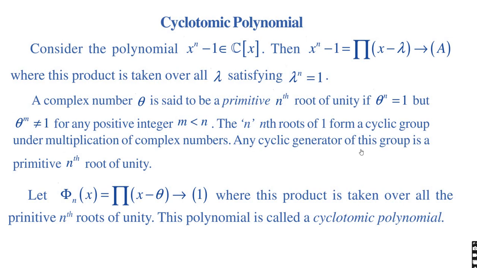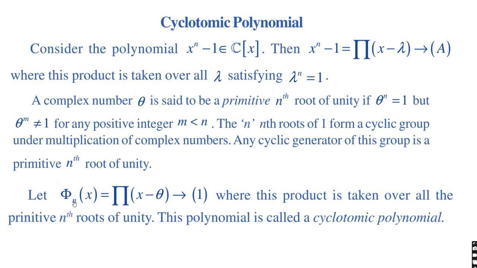Now any generator of this group is called a primitive nth root of 1. So being a cyclic group, it will have generators. It's not that all of them will be generators. Those generators are called the primitive nth roots of 1.